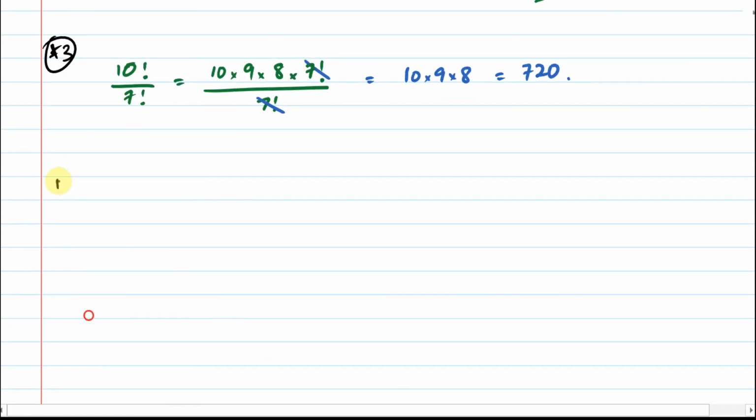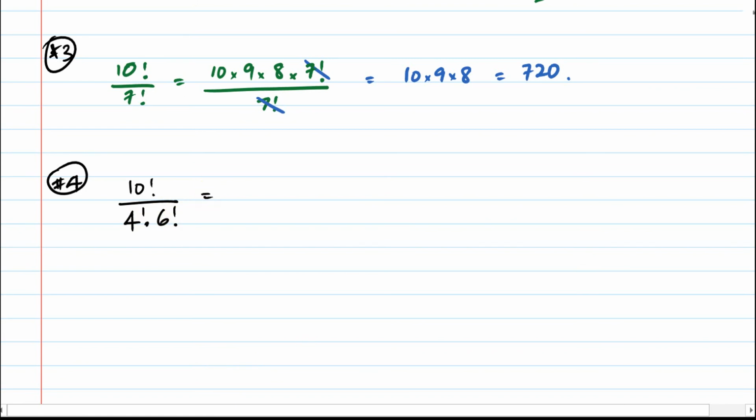Alright, so continuing, let's make the problem a little bit more interesting as we go on. So starting off, let's again say that we had 10 factorial. And this time I want to divide by, say, 4 factorial, 2 sets of factorials.